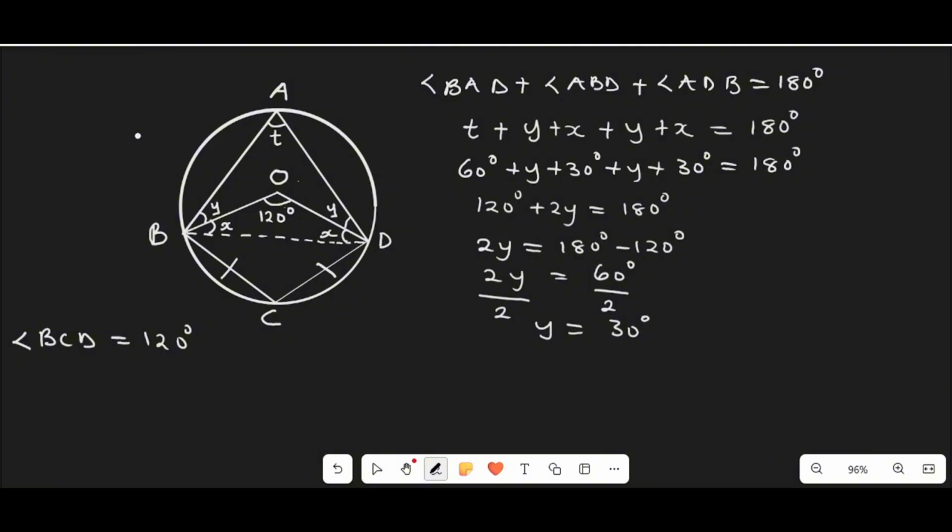So this place should be denoted with w, and this place should also be denoted with w.